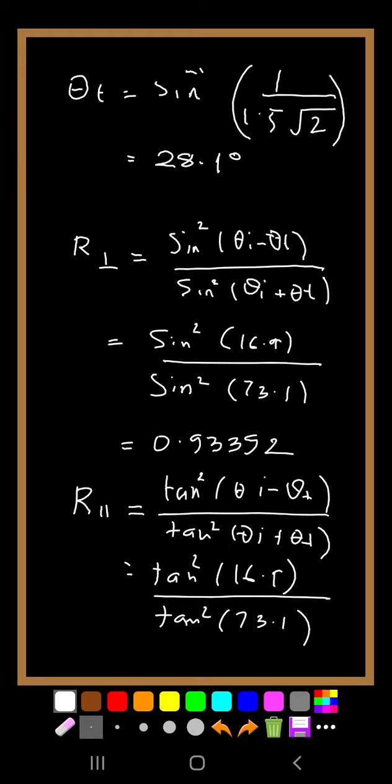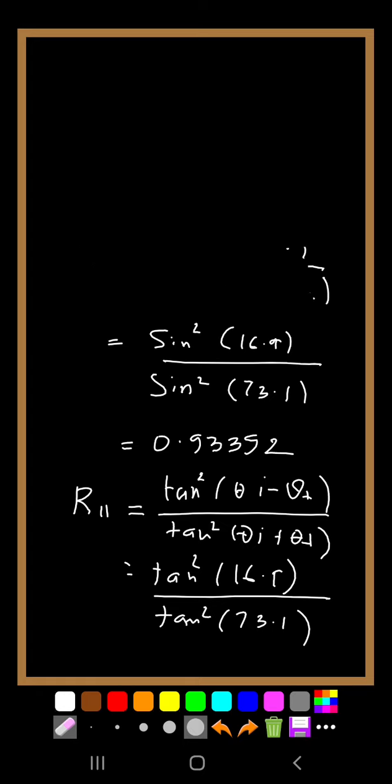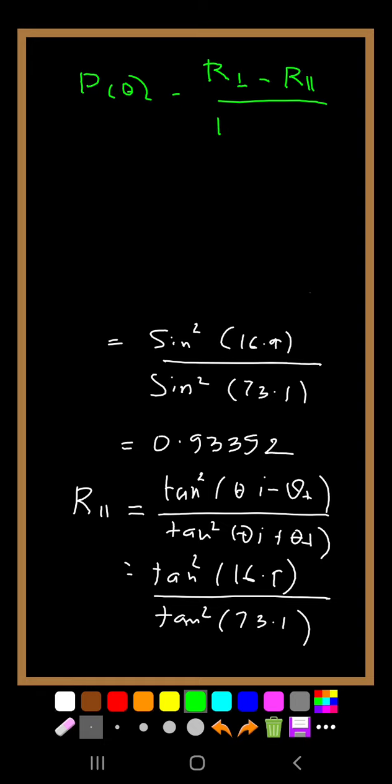So the percentage of polarization P is equal to R perpendicular minus R parallel divided by R perpendicular plus R parallel, and if you put the values, it turns out to be 0.83268.